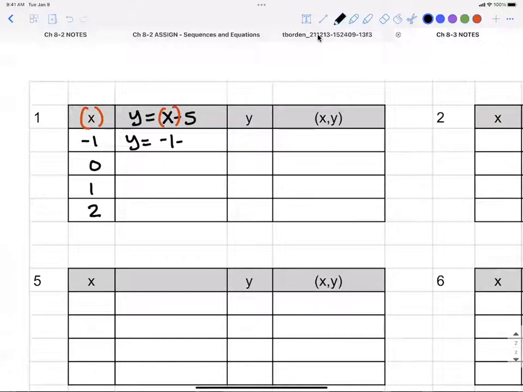So -1 minus 5. And then the only thing here is addition and subtraction. So that's obviously the only operation to do. So -1 minus 5 is -6. And so our ordered pair is (-1, -6). When we input -1, we get the output of -6.